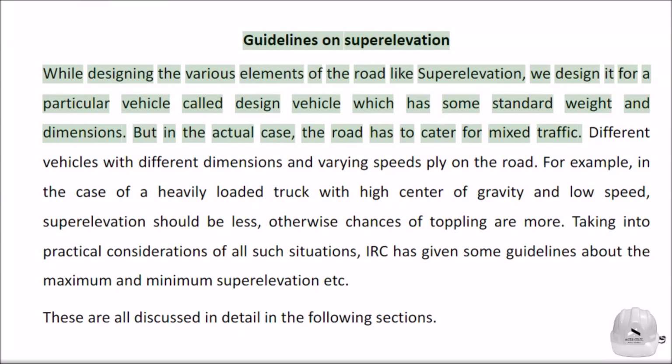Guidelines on superelevation. While designing the various elements of the road like superelevation, we design it for a particular vehicle called design vehicle, which has some standard weight and dimensions. But in the actual case, the road has to cater for mixed traffic.